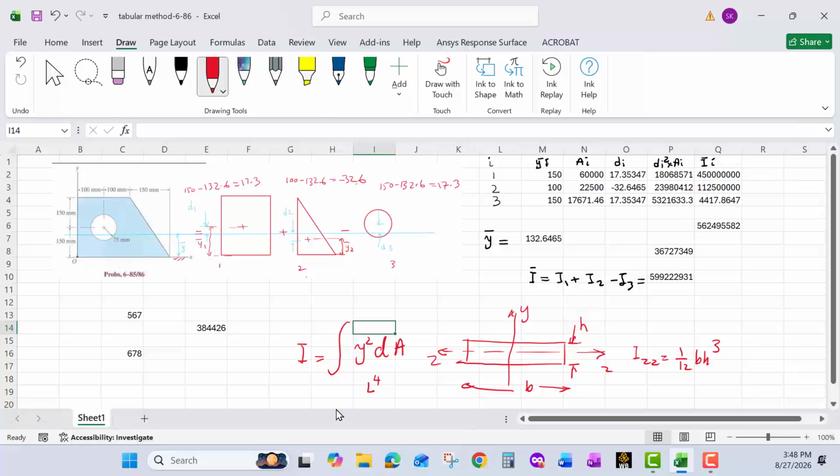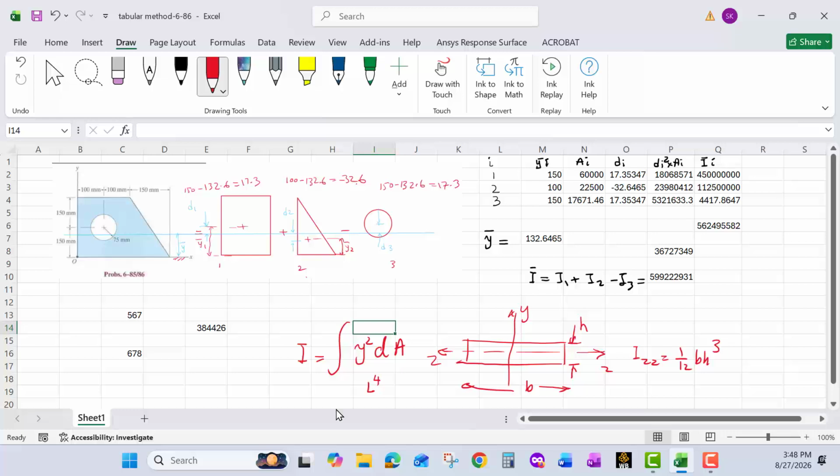But for complex shapes, the problem is complex because either you have to start from first principle to calculate I, or if possible, you can decompose the composite shape into a number of primitive shapes, and there might be several ways of doing that.